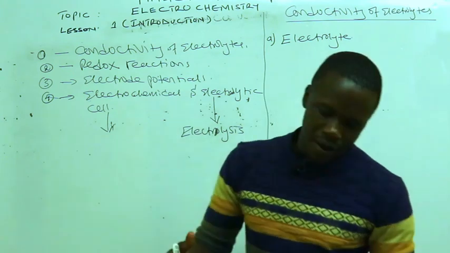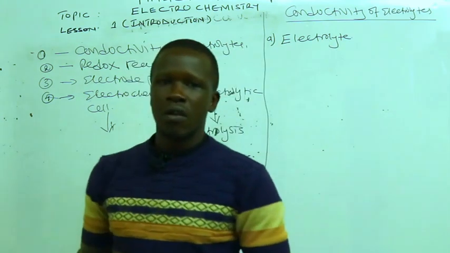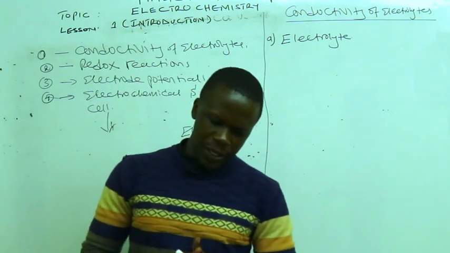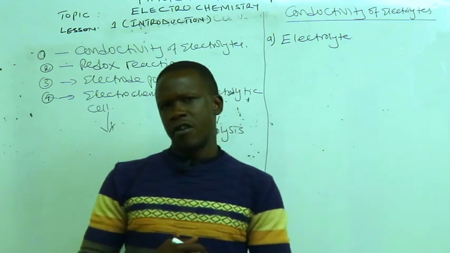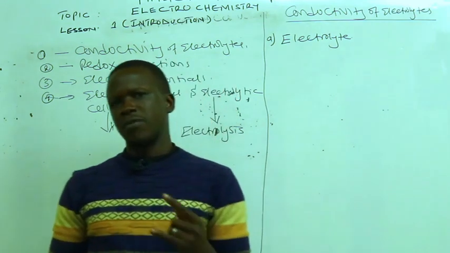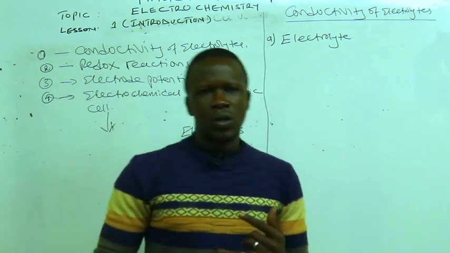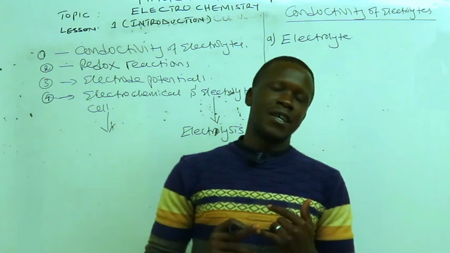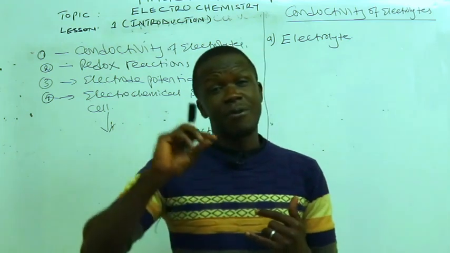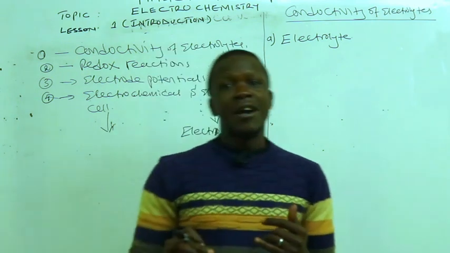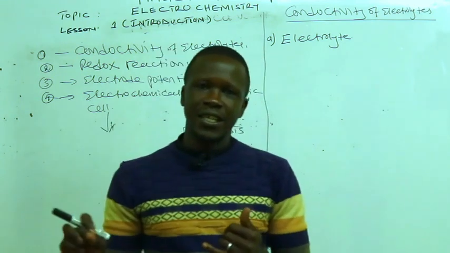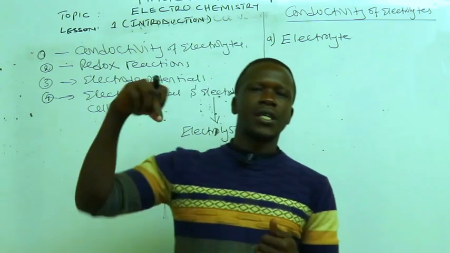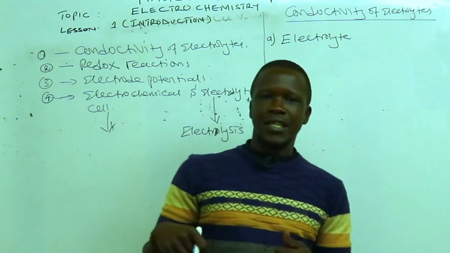What do we mean by an electrolyte? Or what are electrolytes? Now, a substance is going to be defined as an electrolyte if it can conduct electricity when in molten state or when dissolved in water, but cannot conduct electricity in a solid state.